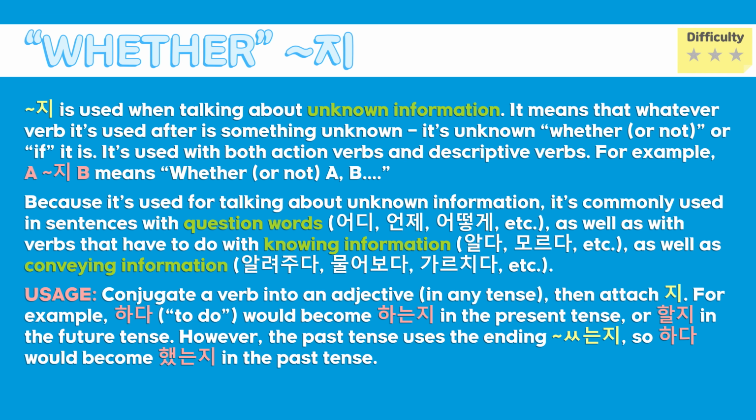For example, 하다, to do, would become 하는지 in the present tense, or 할지 in the future tense. However, the past tense uses the ending 는지, so 하다 would become 했는지 in the past tense.